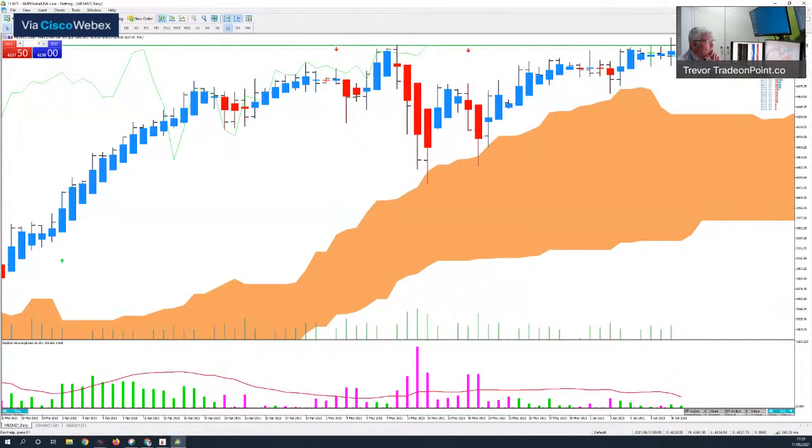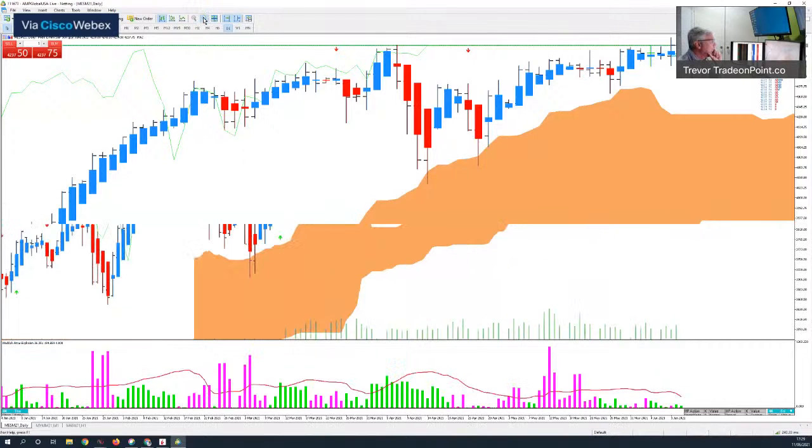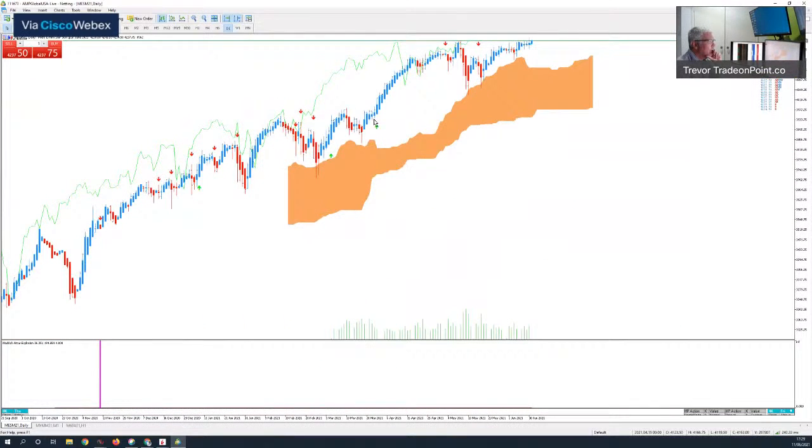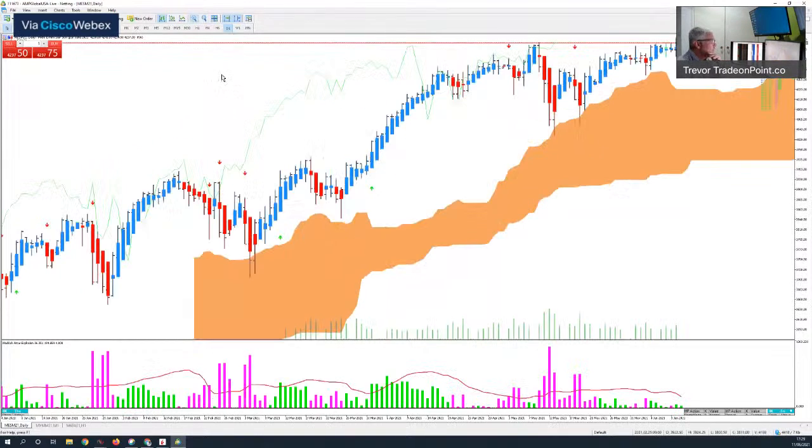I would like to have seen this be a rejection candle, but just to let you know, the indicator on this chart is the Heikin Ashi, but behind that is the actual bar chart.